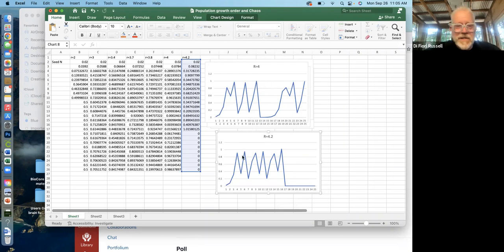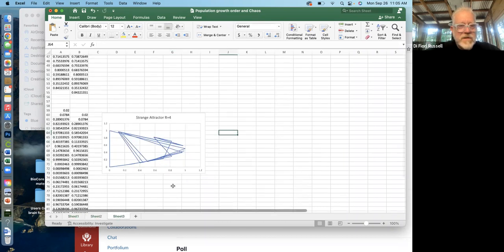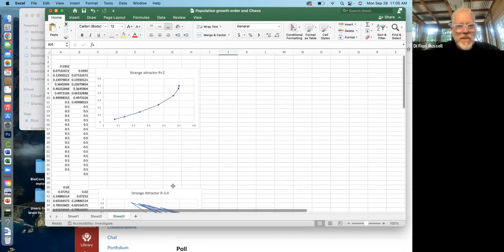And that can occur. Just to give you some other ideas, I graphed the strange attractor for these systems at each growth rate. And I know strange attractor sounds like a lot of fun, like science fiction or something, but it's actually really simple. What you're doing is removing time from the graph.